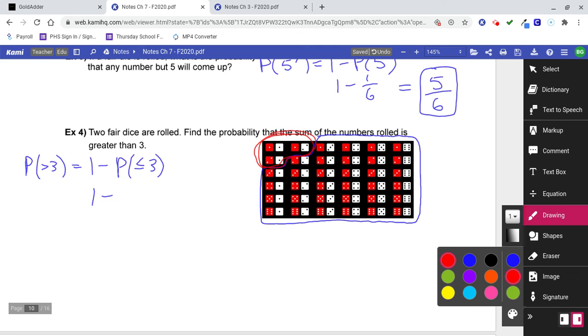There's only 3 of these, and I can see that really quickly. So the probability that it's less than or equal to 3 is 3 out of 36. So 1 minus 3 out of 36, or get a common denominator, 36. That's going to give you 33 over 36. And then that reduces to 11/12, which would be your final answer.